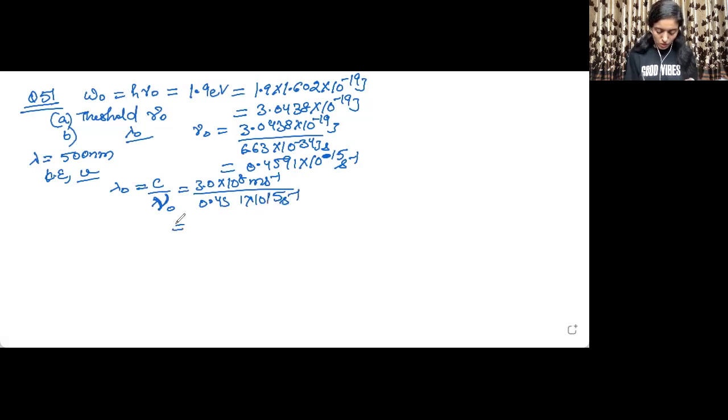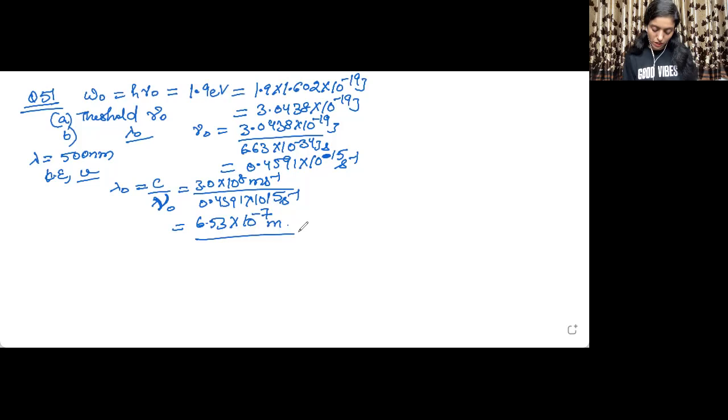So it is equal to 3 divided by 0.4591. It is coming out to be equal to 6.53 into 10 raised to the power minus 7 meter. So this is lambda naught.